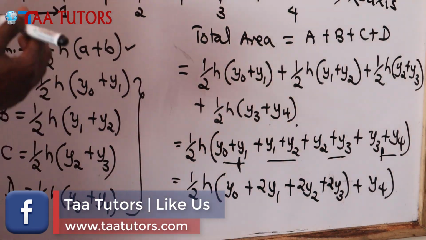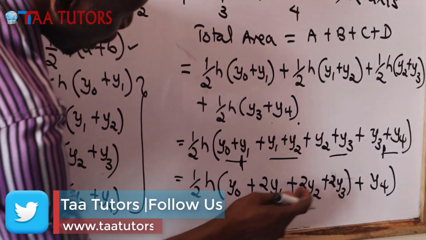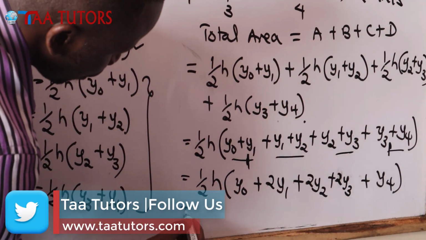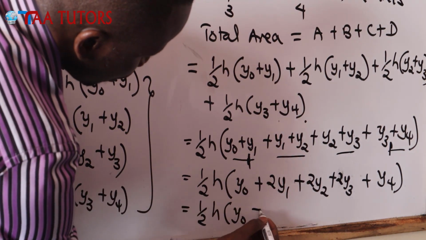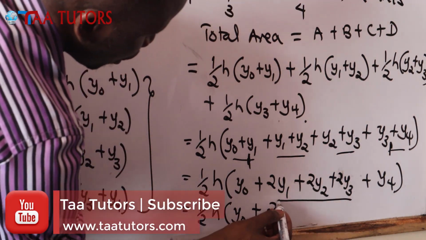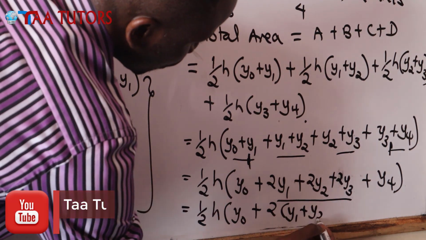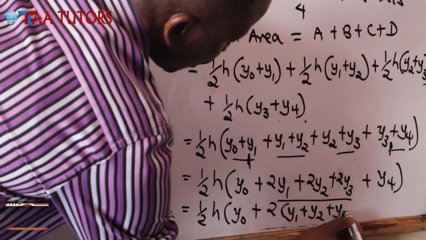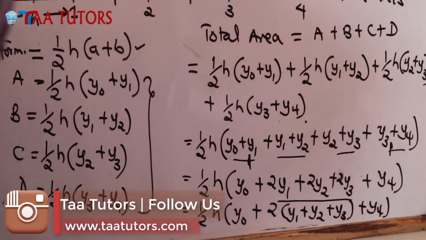So after that, we can then factorize 2. Let me remove this bracket here now. So we have half h into y0 plus 2, we now factorize 2 here, 2 into y1 plus y2 plus y3, close bracket, plus y4.